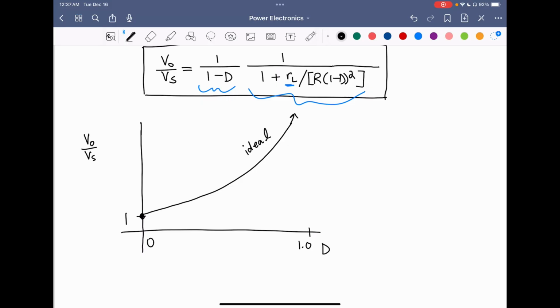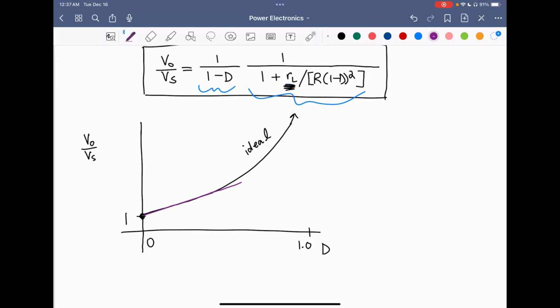Now, this is the ideal converter case. If we include the inductor resistance RL, then the voltage conversion ratio versus duty cycle curve will look something more like this. At lower duty cycles, the curves are about equal.